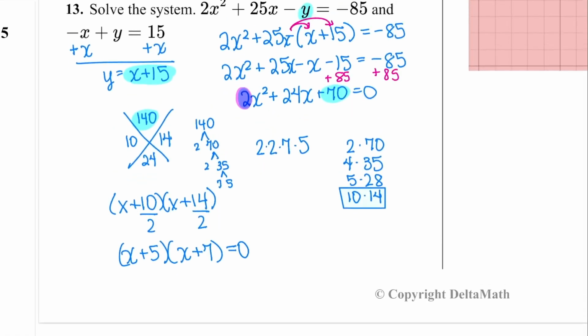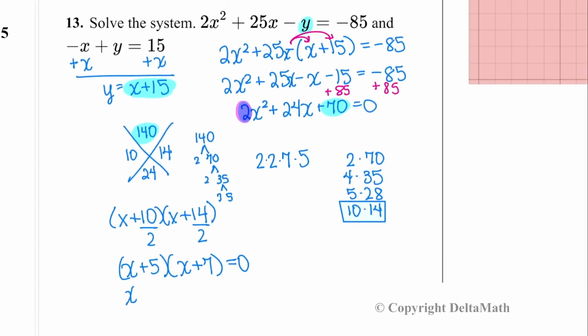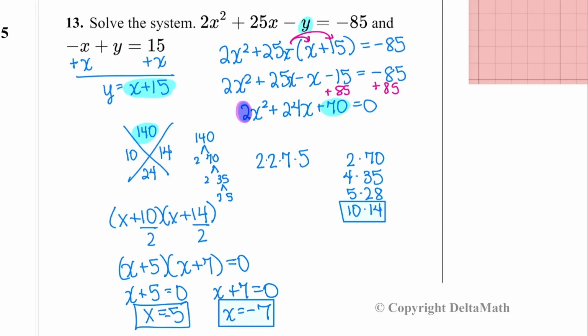So we're going to get two solutions for x here. We're going to have x plus 5 equals 0, x plus 7 equals 0. So x equals negative 5 and x equals negative 7. In order to figure out what our corresponding y values are, we have to go back and plug them into either equation.